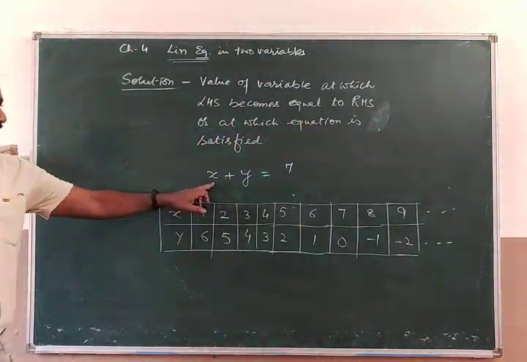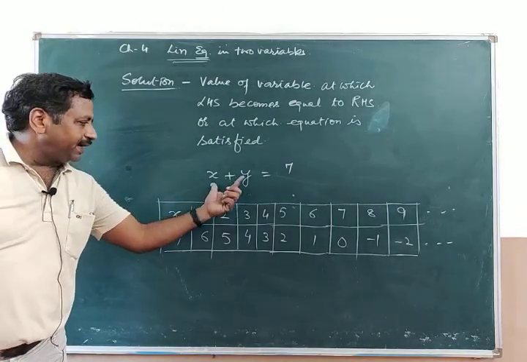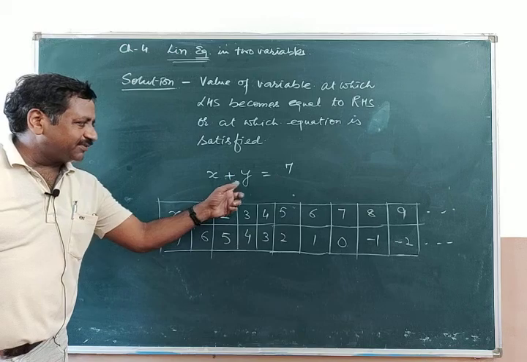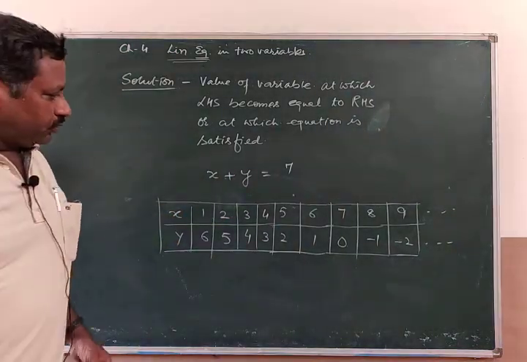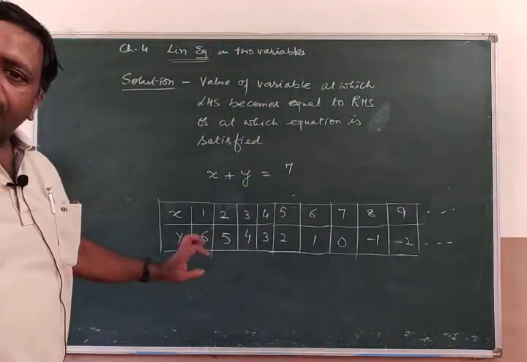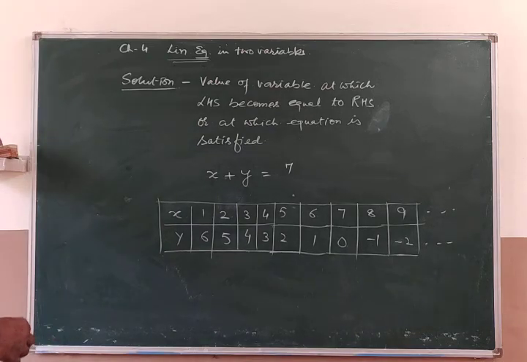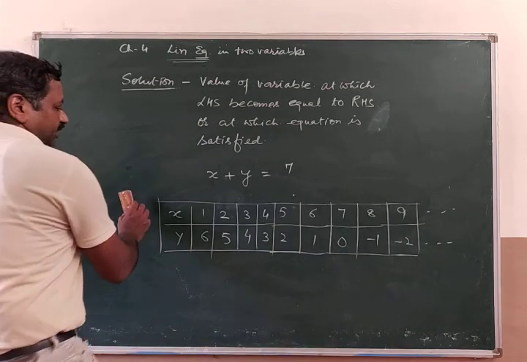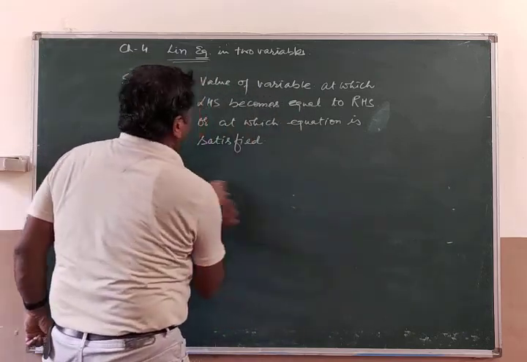If I put x equal to 9, y equal to minus 2, again 9 plus minus 2 will become 7. So you can write so many solutions of a linear equation with two variables. And the simple way to find out the solution is, we will take another example.